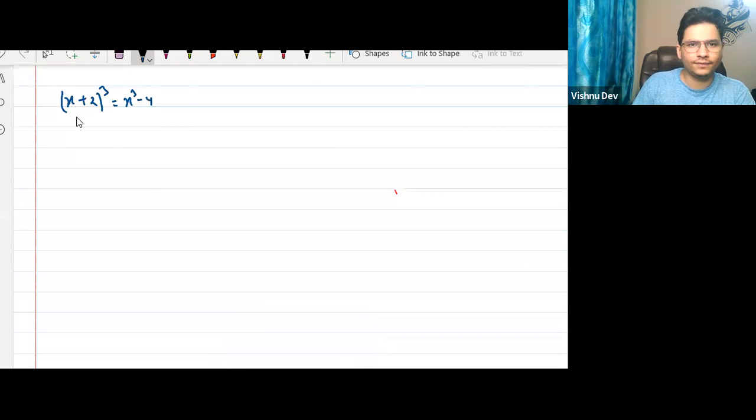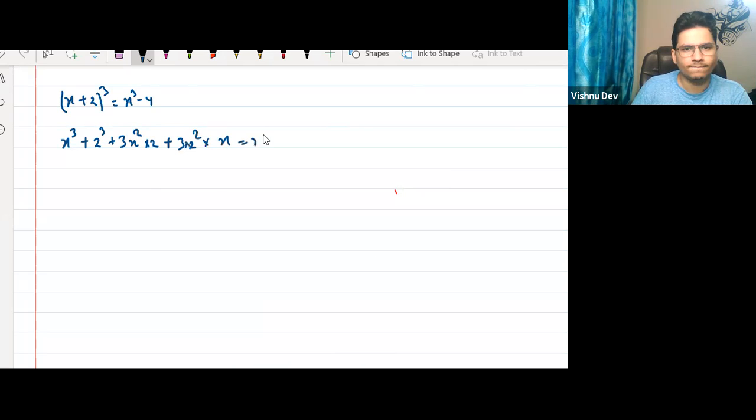So x plus 2 whole cube will be a plus b whole cube, a cube plus b cube plus 3a square b plus 3b square a, is equal to x cube minus 4.